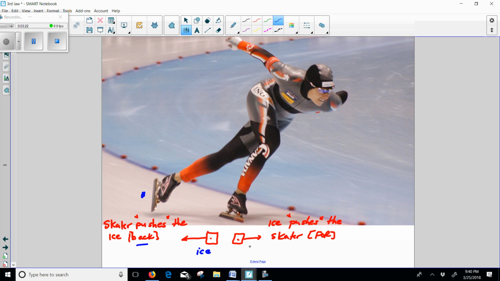On the other side, you have the resulting reaction force, where the ice is now pushing on the skater, and the skater begins to move forward. The ice doesn't move backwards because the ice is so much bigger than the skater. There's so much more mass. Nothing really happens. But the skater is relatively lighter and he or she can quickly accelerate.